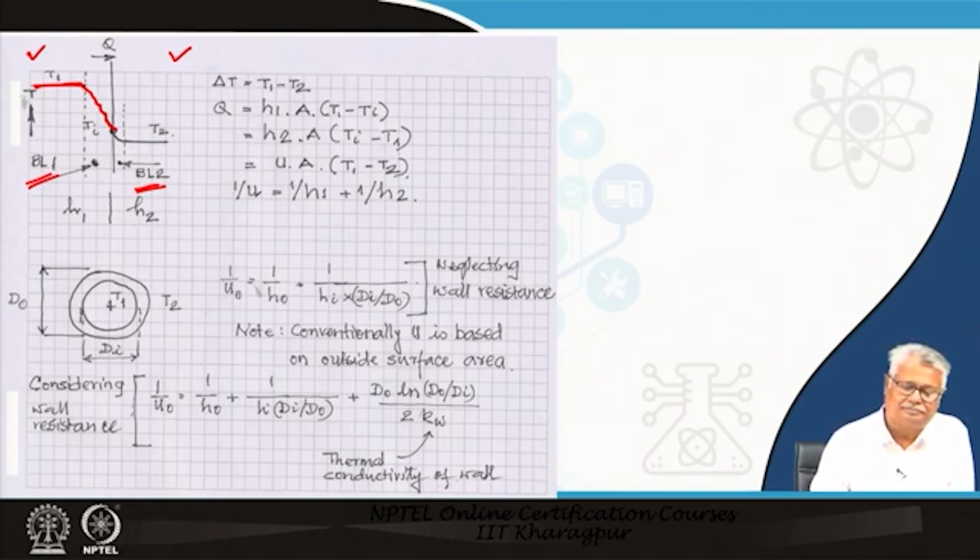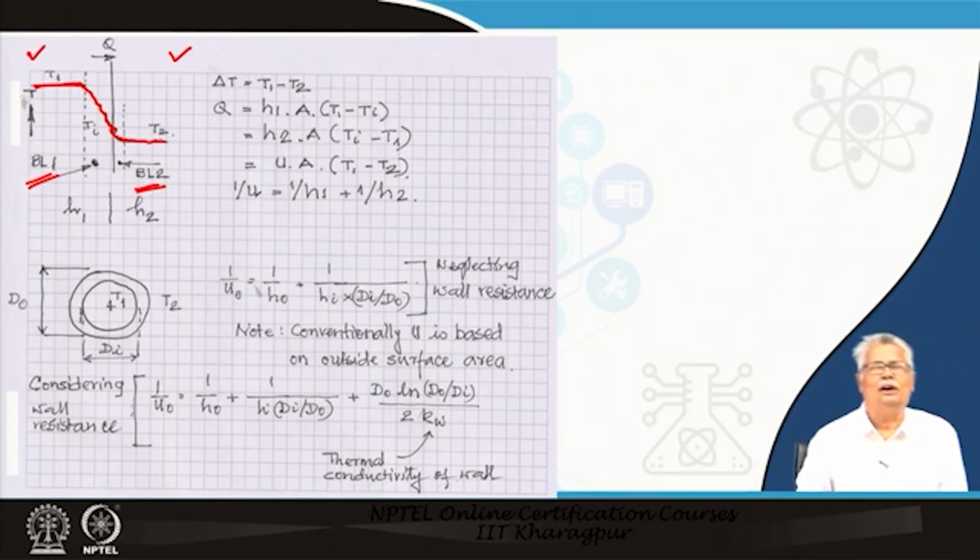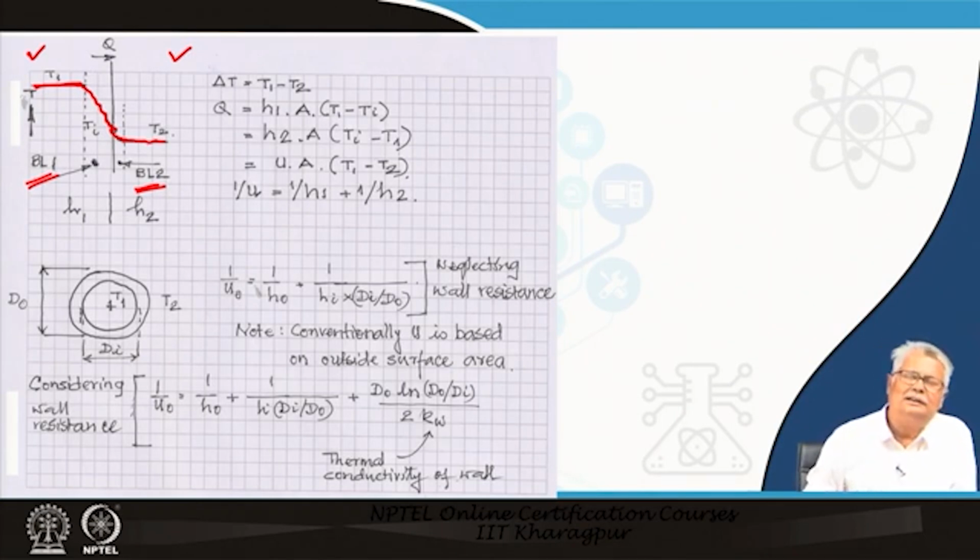So, what you have is a temperature variation around the interface of two fluids. I will add one more thing also. Suppose these two fluids are separated by a metal which has very high thermal conductivity.